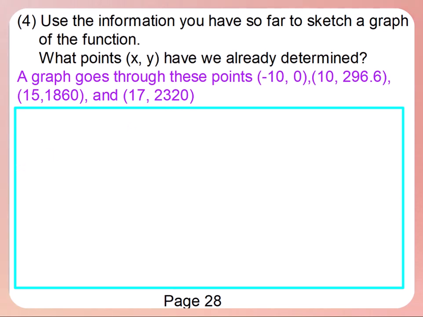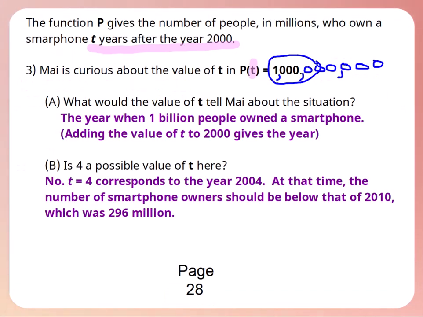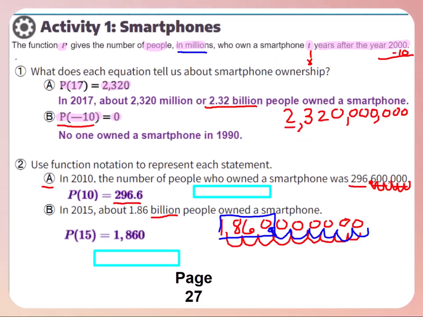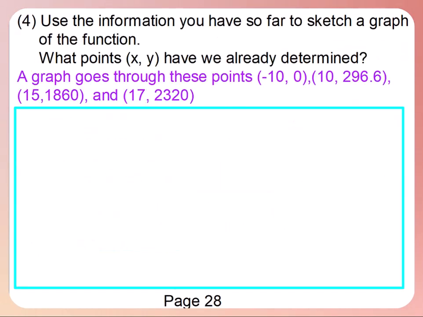It's important that you are writing down what we talked about so you'll know where these numbers came from. Do you remember? (-10, 0), (17, 2,320), (10, 296.6), and (15, 1,860). So we have those 4 points. Now we're going to sketch them. We're going to graph them.